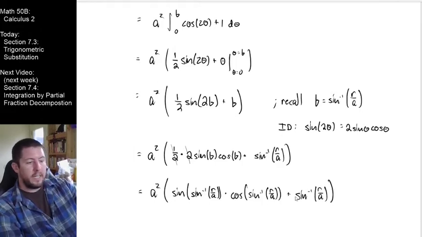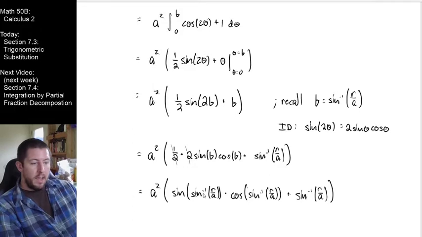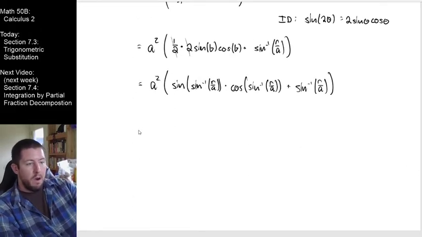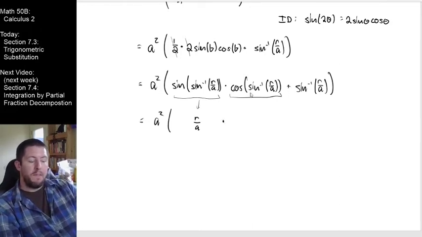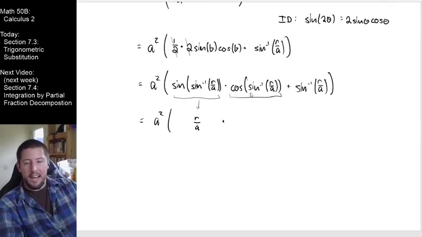So it looks like it's trig time here. The sine of sine inverse of r over a is going to simplify down to just being r over a, the first one, right? Times, what I've got to figure out is the cosine of sine inverse of r over a.